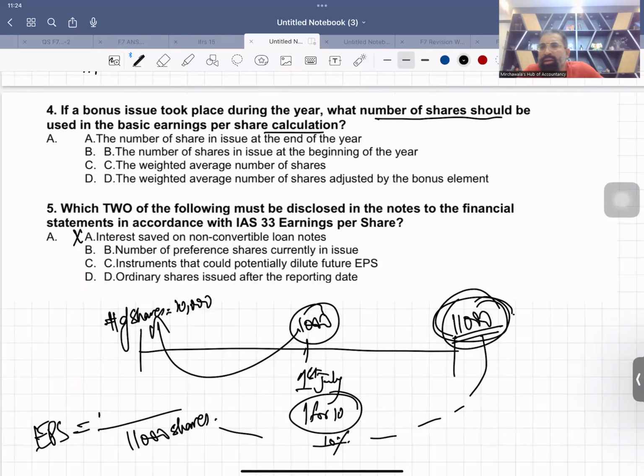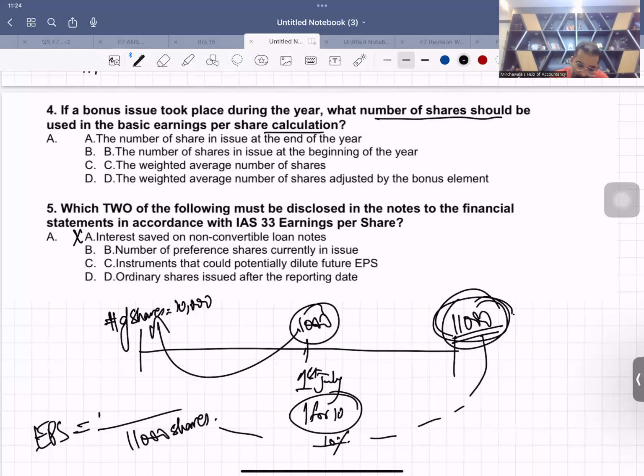No. On convertible loan notes, we assume that whatever conversion is going to take place in future, if we convert loan into shares now, then we get the interest saving. For non-convertible loan notes, it is written openly non-convertible loan. So what is the interest saving? There is no interest saving at all. So what is the need of disclosure?